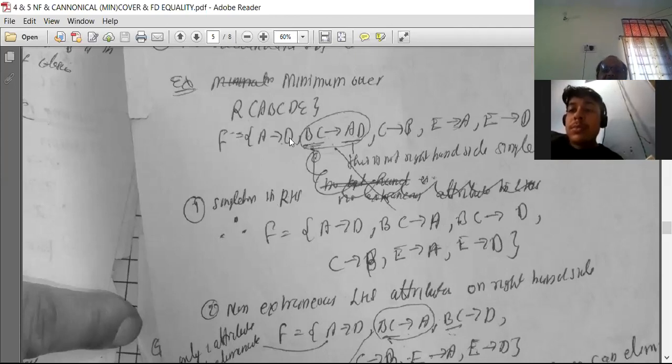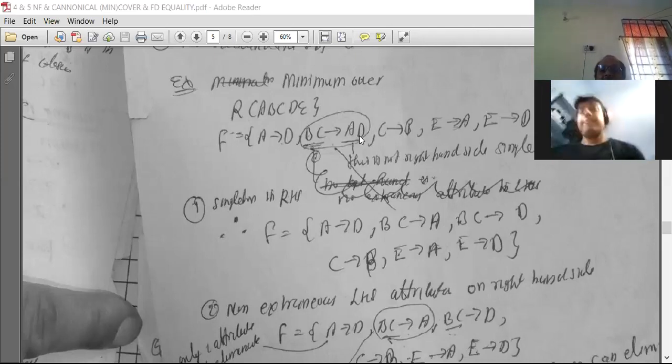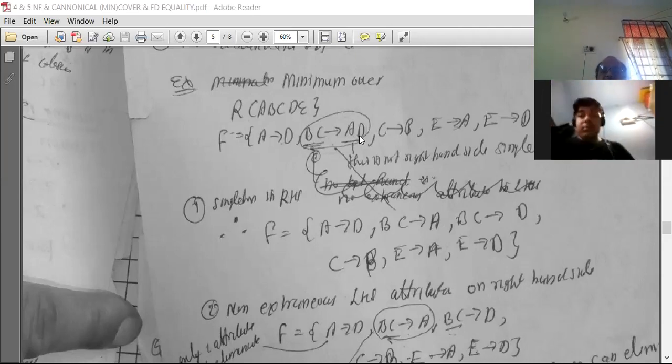In this one the right hand side is single, that is D. In this case BC is on the left side and the right hand side is AD. That means there are two attributes at the right hand side, A and D. There should be just one attribute at the right hand side, so we have to separate these attributes.